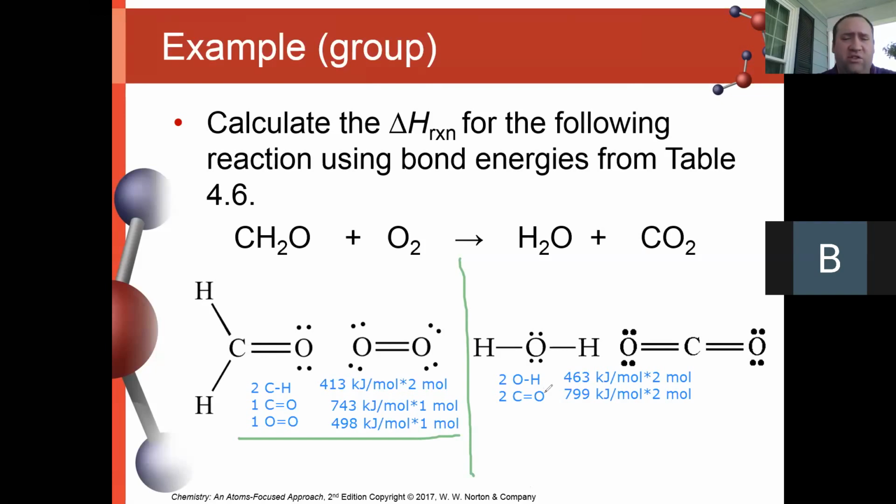I personally am not sure of the reason, but I do know that that phenomenon exists, and that's why we have a different value, 799, for carbon dioxide compared to the rest of carbon oxygen, which is usually 743. So there is a little bit of a twist that you have to be able to reconcile in order to get the right answer here.